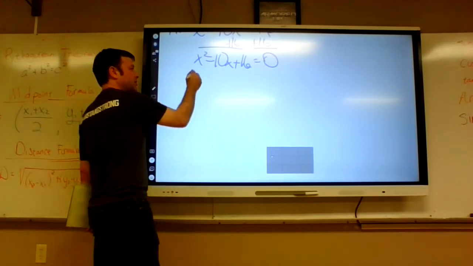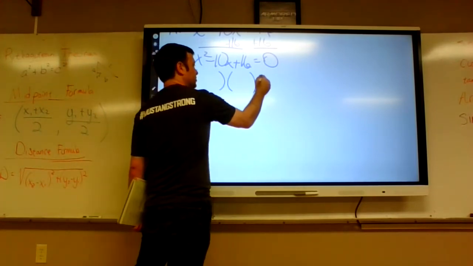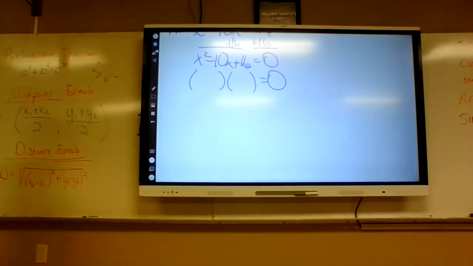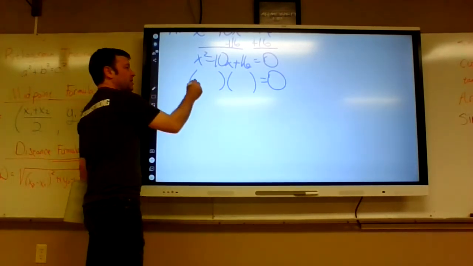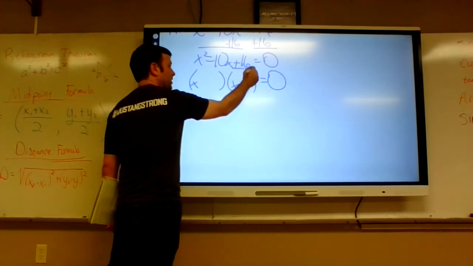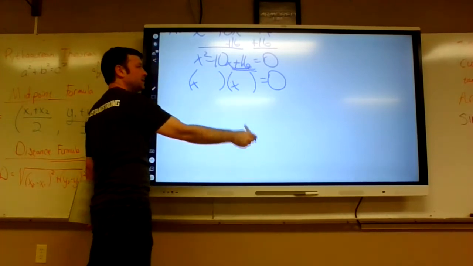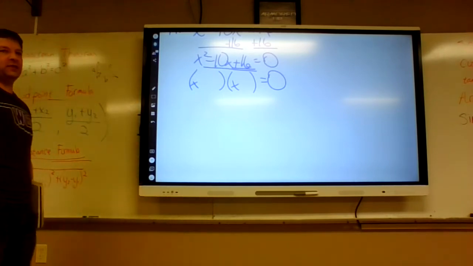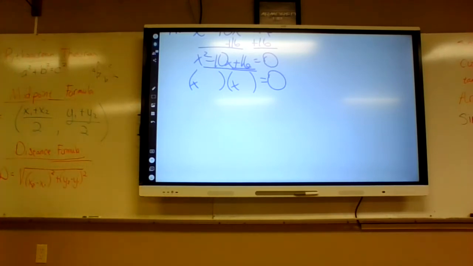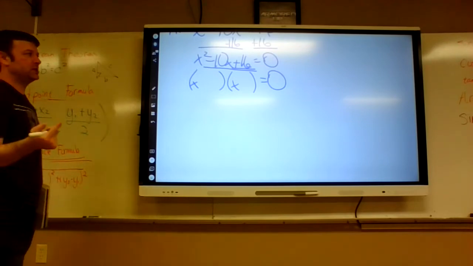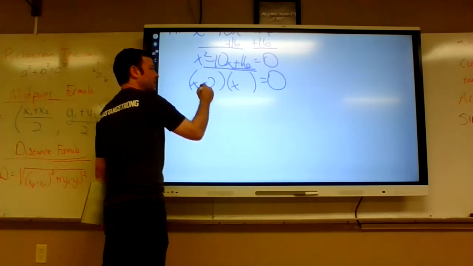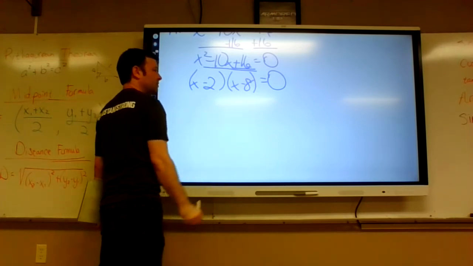Okay, so that's 3-term factoring, right? The x squared and the x and the constant. So x times x goes in the front. So the question is, what multiplies into 16 that would also add up to negative 10? 2 and 8 multiply to 16, and if you make them both negative, they would add up to negative 10.